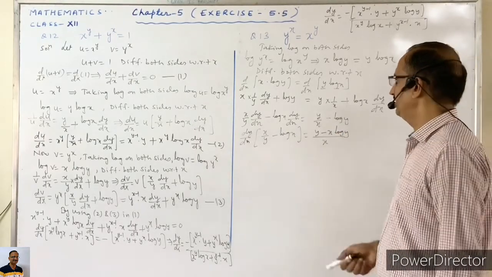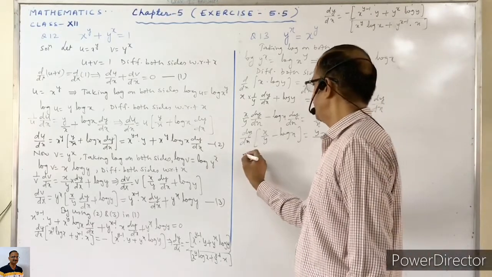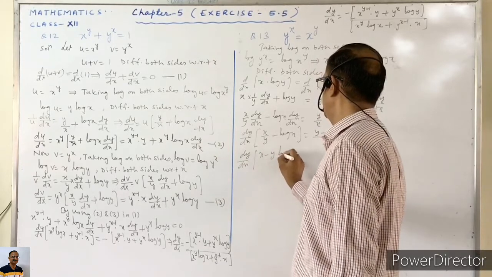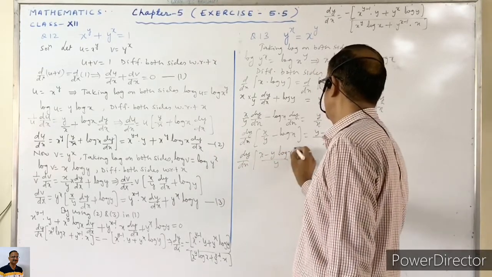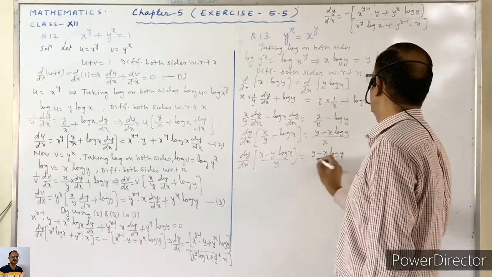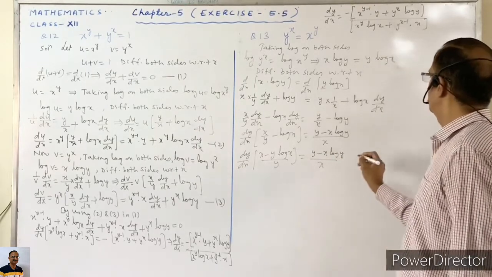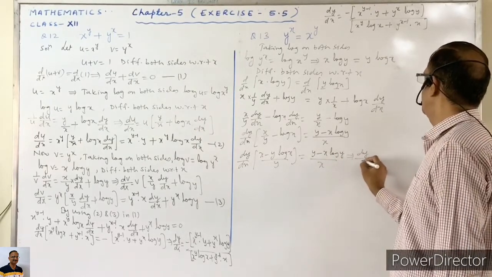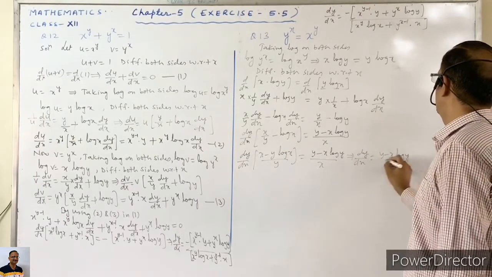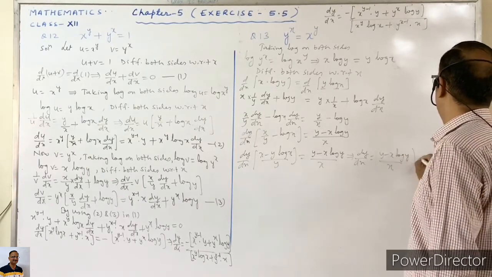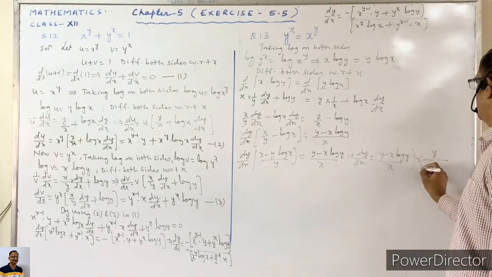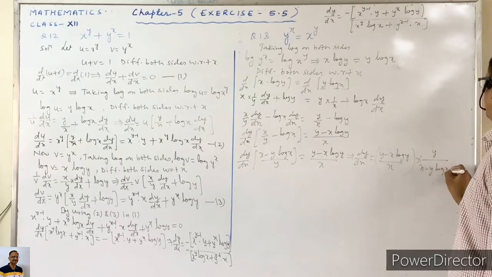So in the same way, when we simplify the left hand side, we will get dy by dx. This is x minus y log x by y equals to, this is y minus x log y by x. Now the value of dy by dx is y minus x log y by x, and when we transfer this on the right hand side, then this becomes y by x minus y log x.